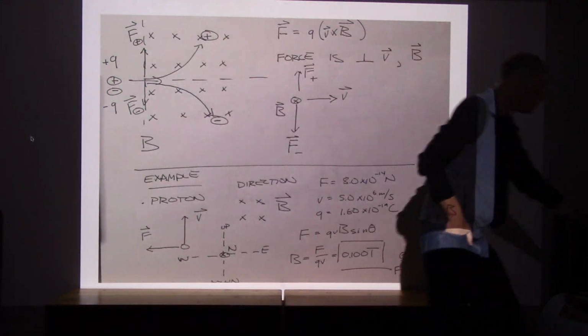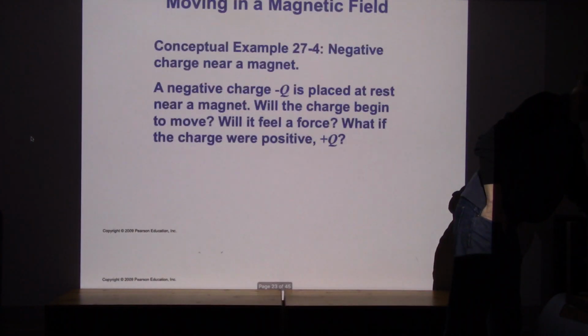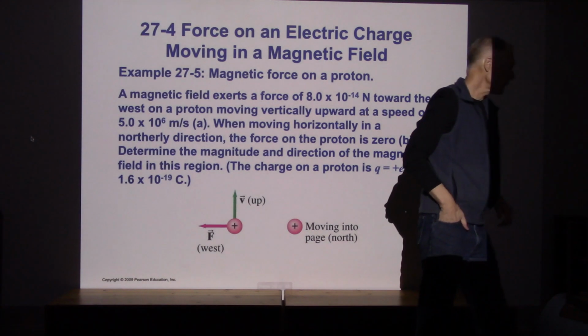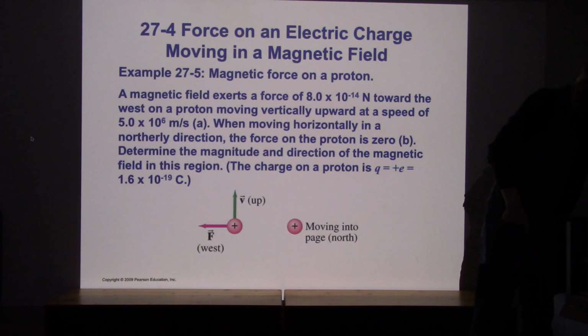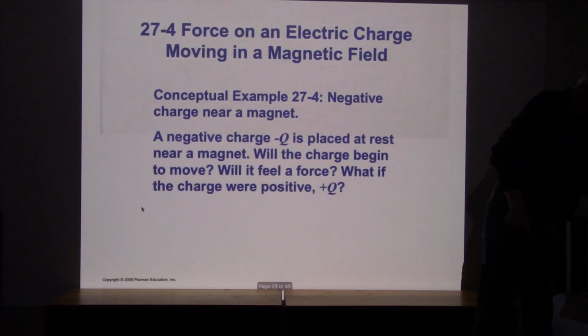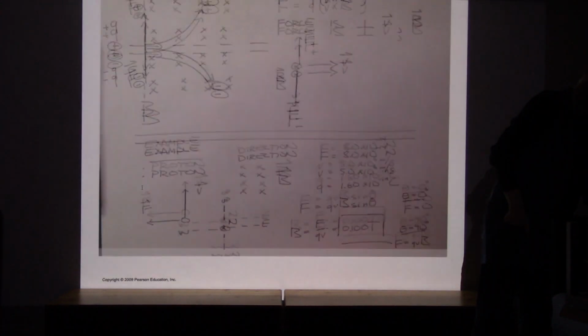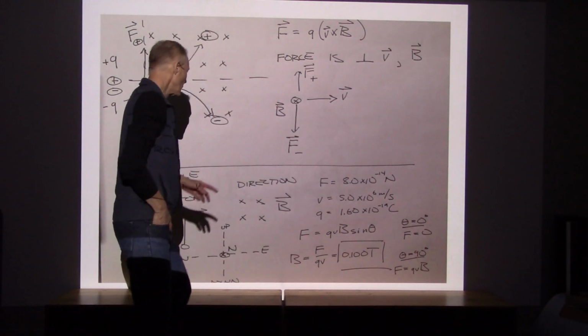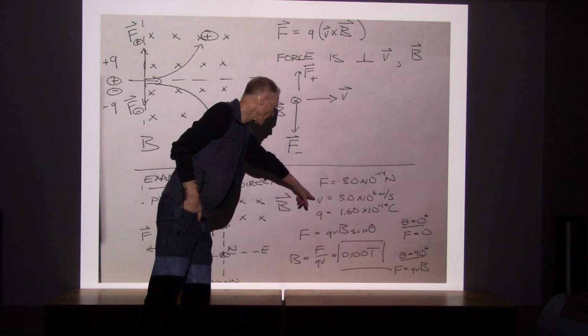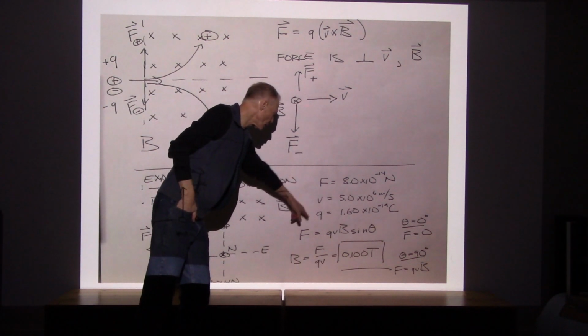Now, let me jump ahead here. There it is. So here is the example, and what they're saying is that the magnetic field exerts a force. That's how much force there is. There's a certain speed given. And so that's kind of the example that I was working from here. I took the force, I took the velocity, I took the charge on the proton.